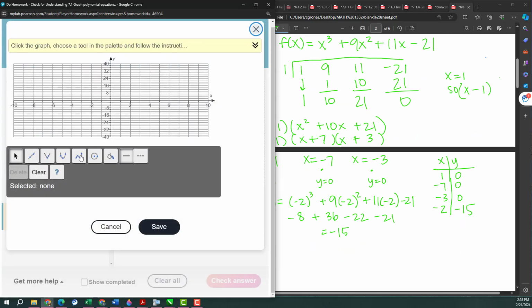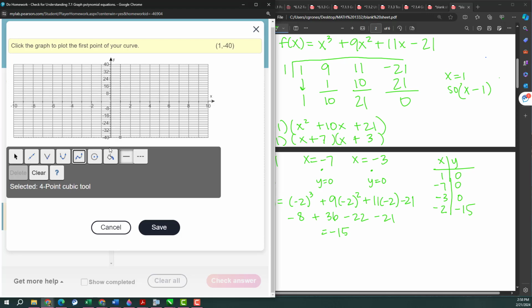It is cubed, so I'm going to be using our cubic tool. So I've got 1, 0. I've got negative 7, 0.